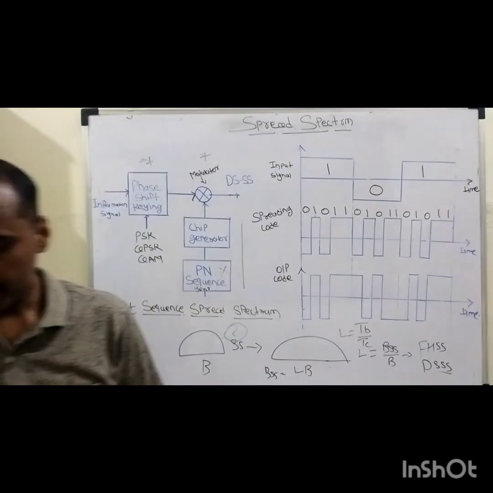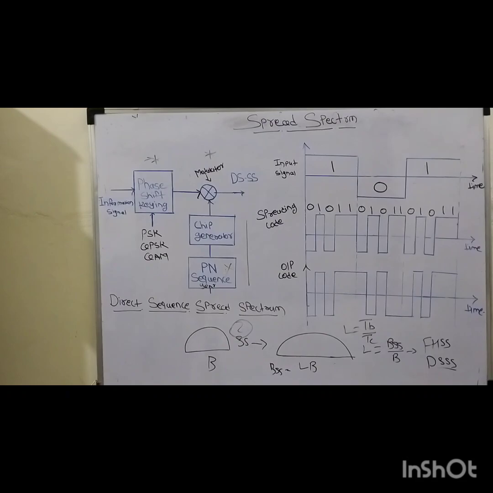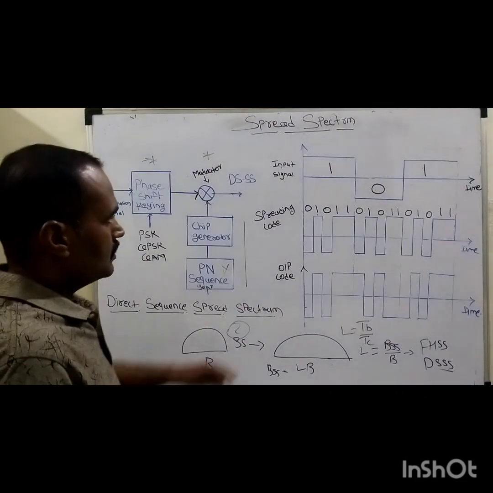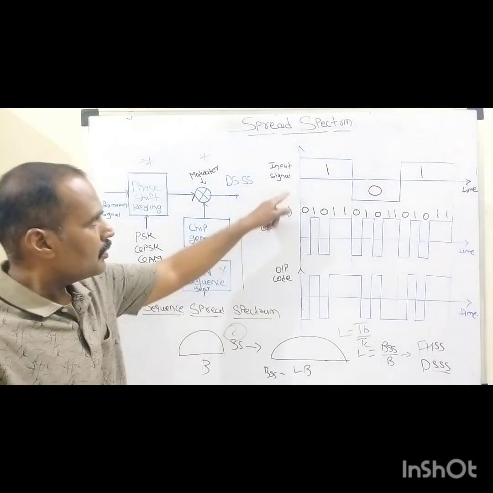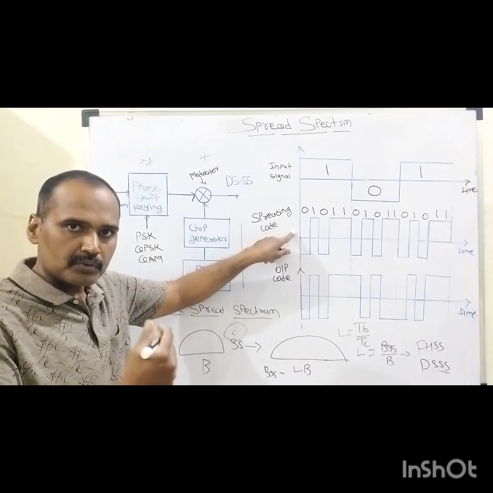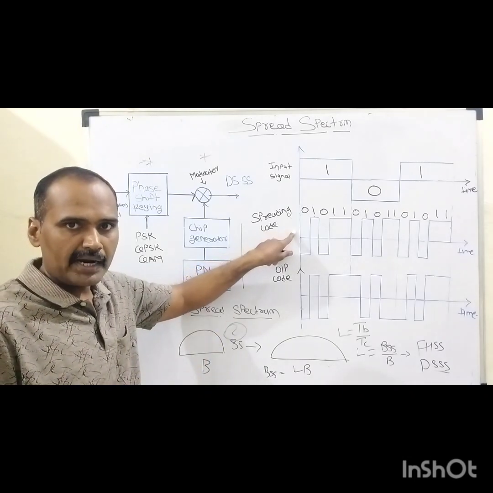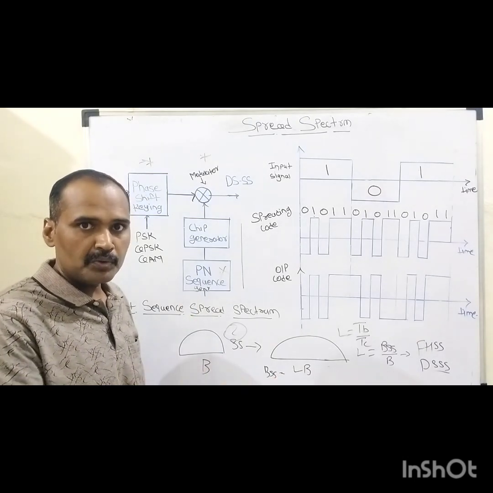In these waveforms, you can see how the two signals are multiplied in order to increase the bandwidth of the transmitted signal.